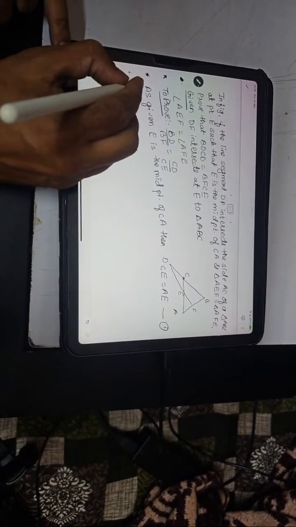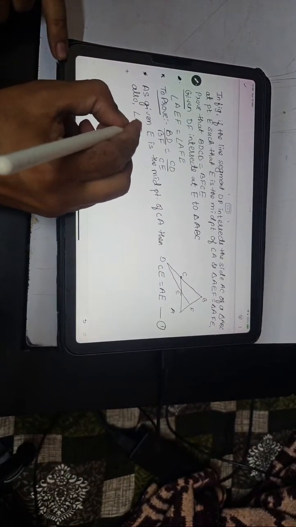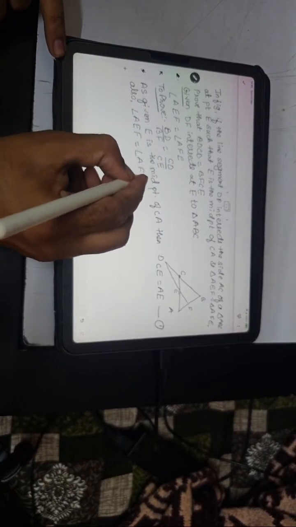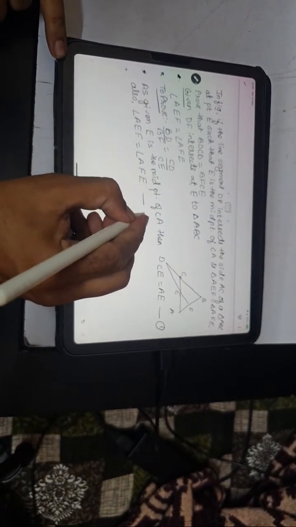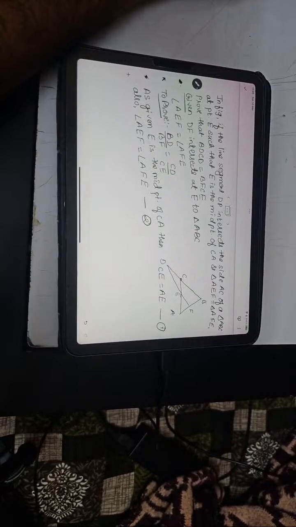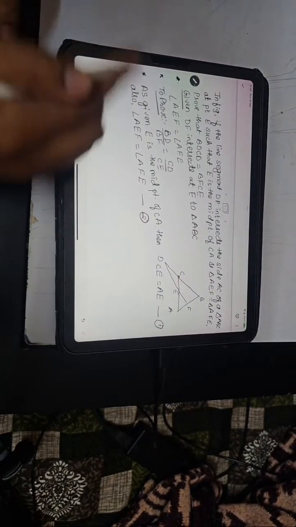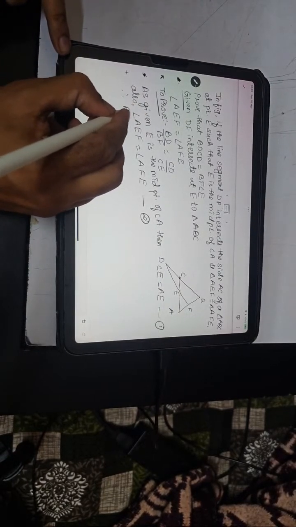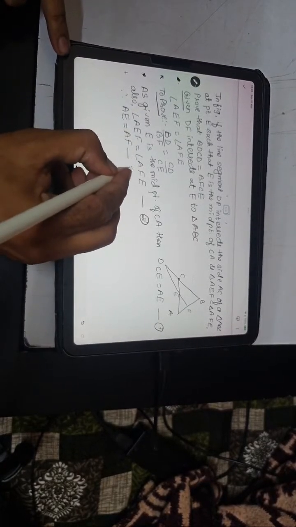Now also angle AEF equal to angle AFE. So this is second equation. Now therefore I can say AE equal to AF. This is my third equation.